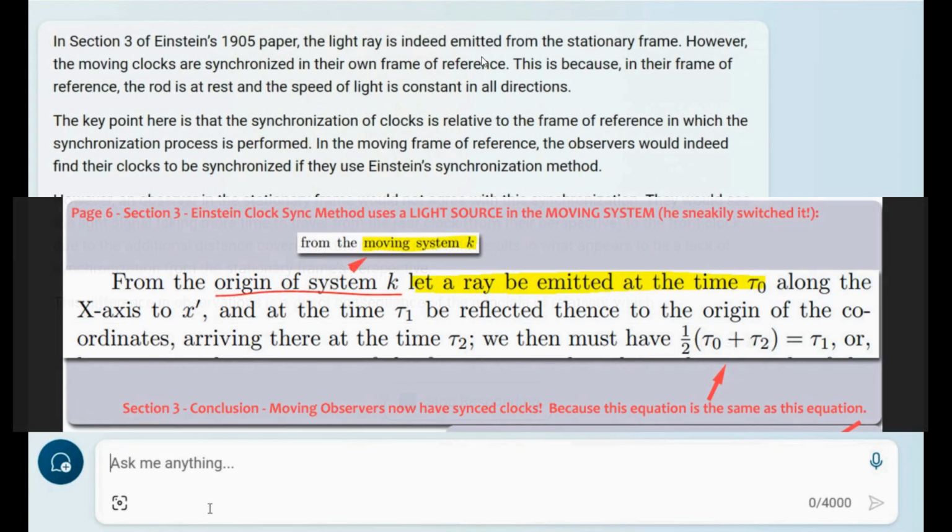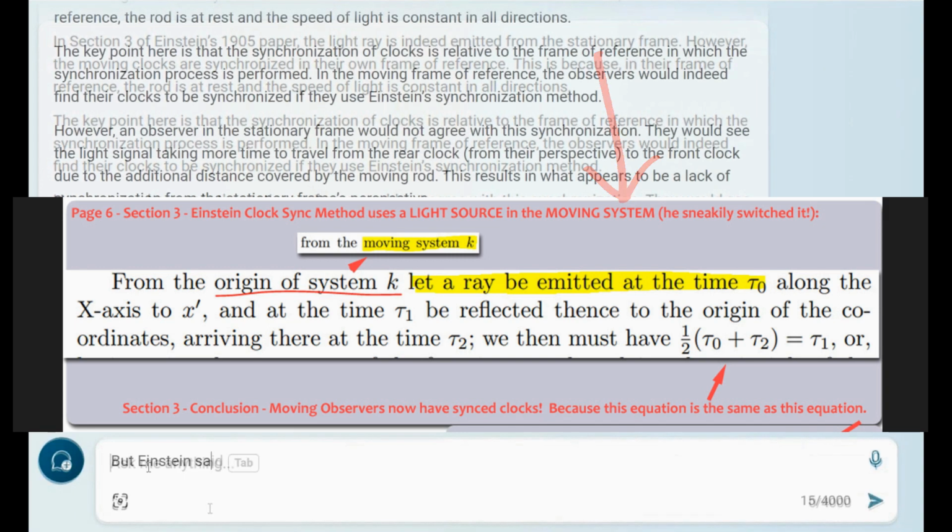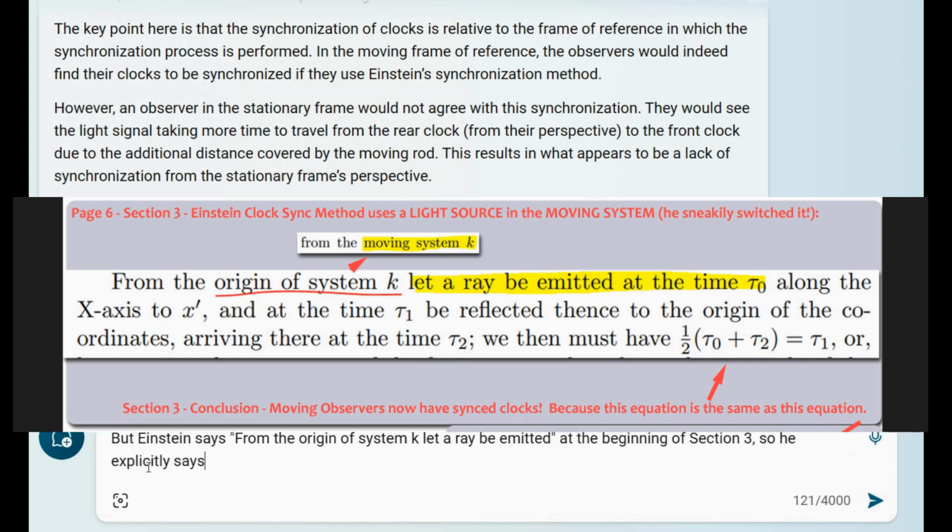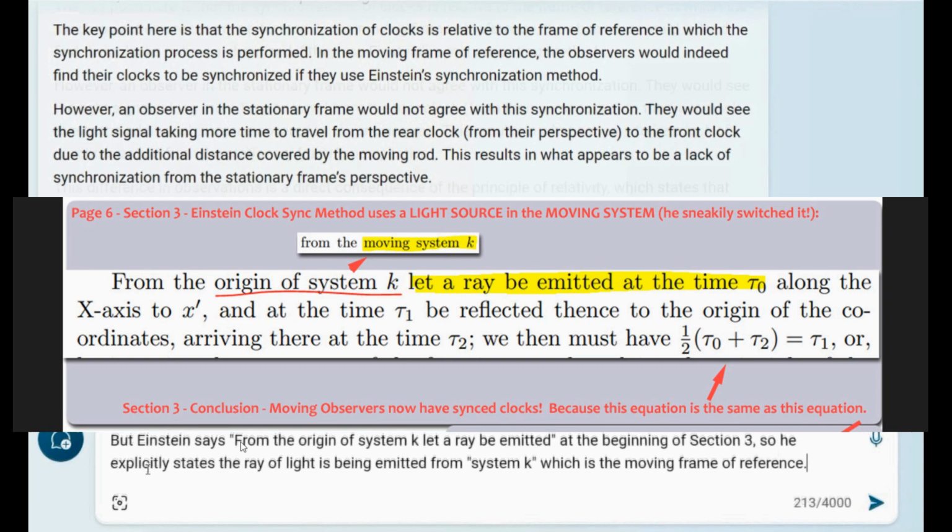It's still incorrect because it says the light is emitted from the stationary frame, but in these two sentences, it starts to figure out the correct logic. So to coincide with this logic, we can use this phrase from Einstein's paper.